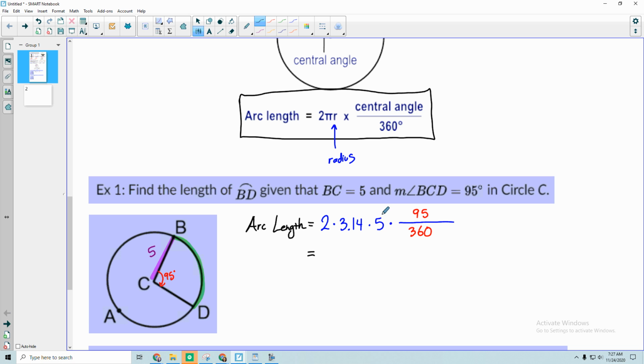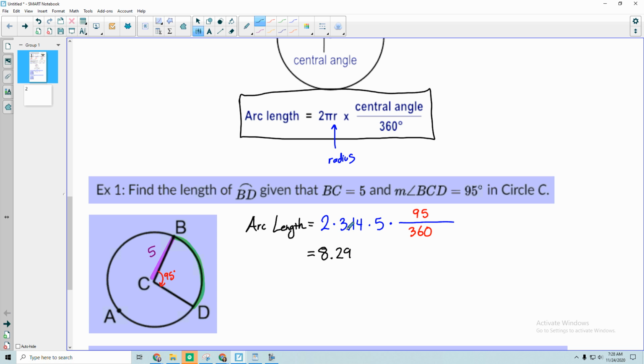So first what I would do actually is just put this entire thing into Desmos at once to avoid making any little tiny mistakes. I'm going to do 95 divided by 360, and then I'll multiply that by 5, multiply that by 3.14, and then multiply that by 2, and I'm going to get 8.28, and then 6 comes after that, so I'm going to round this to the nearest hundredth, so this will be 8.29.